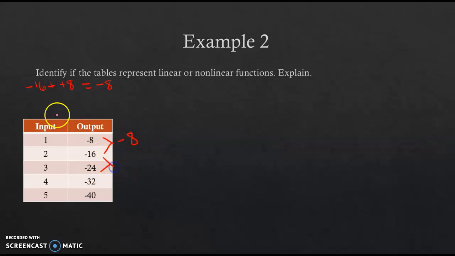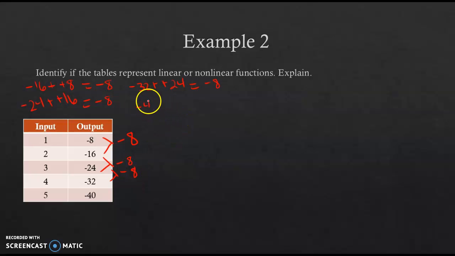And then we're going to do negative 24 minus a negative 16, keep, change, change, and we end up with a negative 8. And then negative 32 minus a negative 24, keep, change, change, which gives us a negative 8.